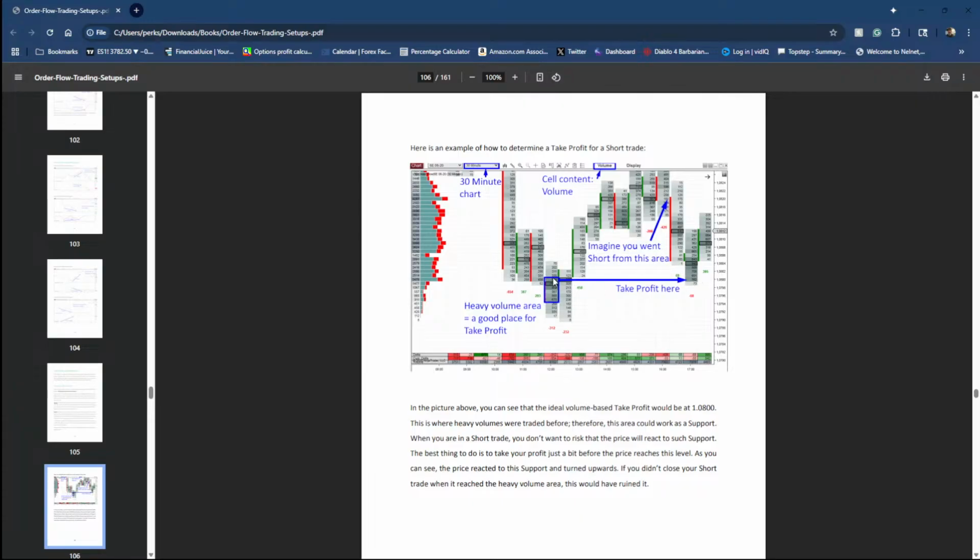But also, not only are we taking profits here, we're going to reverse and switch to longs, right? So if we were in a short or in puts from up here, we're going to come down, sell our puts or sell our short there. And then we're going to reverse and switch to long, because this is an area where we have a high volume node where we're interested in being long or being in calls, right?